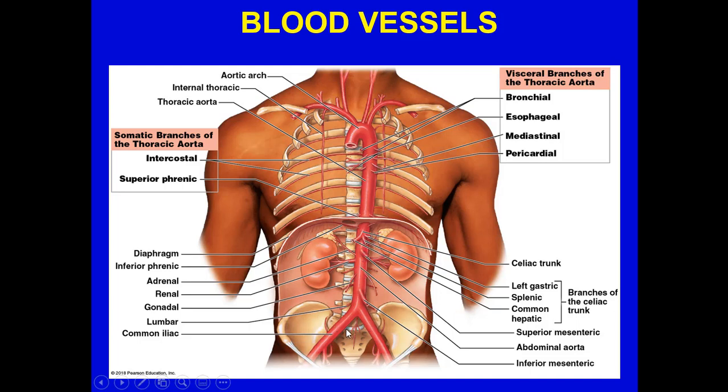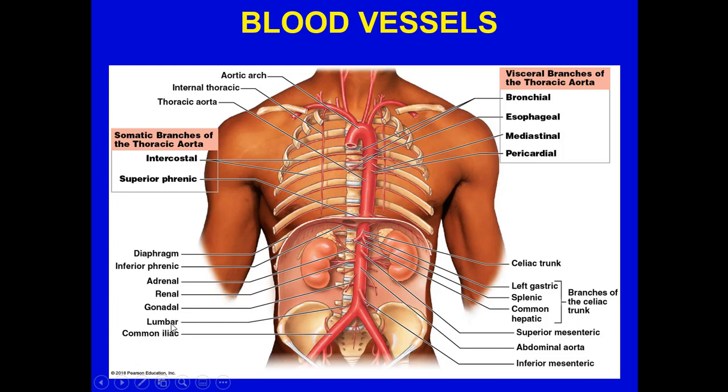Then you will have this branching off at the common iliacs, okay? You will notice also that because you have a pairing of organs, such as kidney to kidney, adrenal to adrenal, etc., there will be a pairing off of the various branches of some of the arteries from the abdominal aorta. These branches will include the adrenal, the renal, the gonadal, okay?